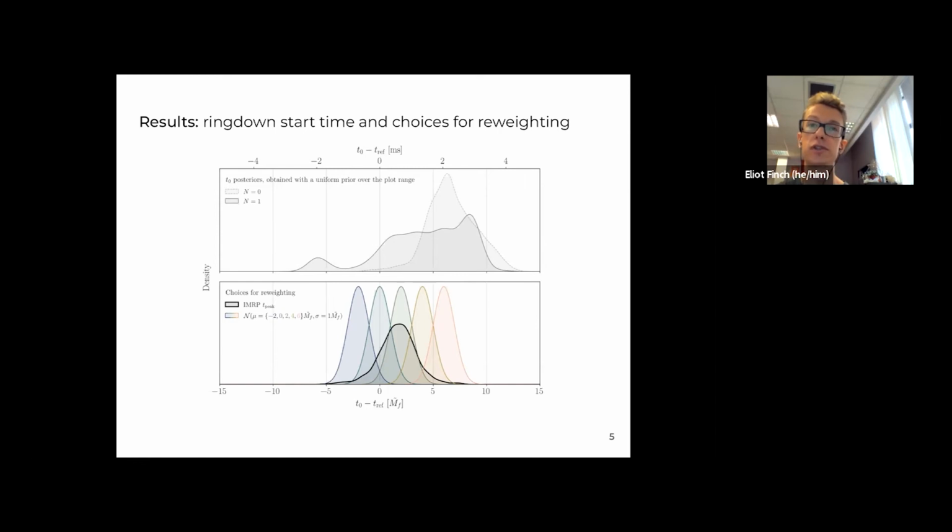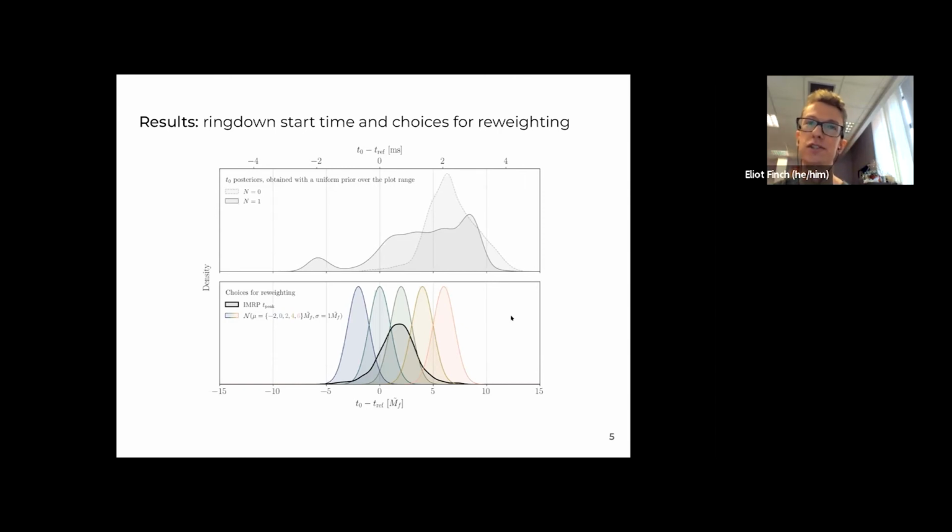Well, if we use this as our prior, we are effectively marginalizing over our uncertainty on the ring-down start time. So this is like our preferred run. Then just as a technical detail, we actually just do two analyses, one without an overtone and one with uniform start time priors, the posteriors of which are shown on the top panel, and then we reweight.